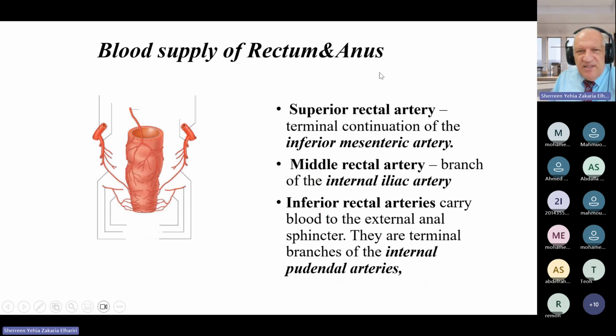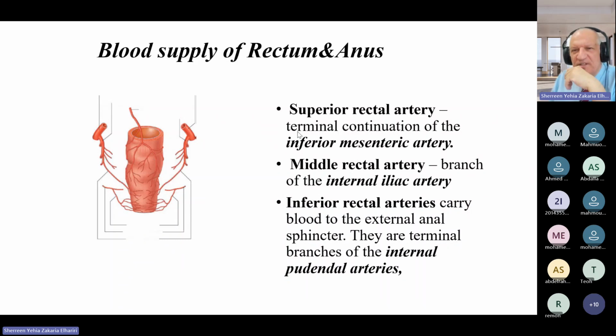Blood supply of the rectum is very important. Dr. Abdurrahman, what is the blood supply of the rectum? We have 3 arteries. If you are asked in an exam about the blood supply of the rectum, you tell me superior, middle, inferior, and which one arises from where? Superior rectal arises from the inferior mesenteric artery.